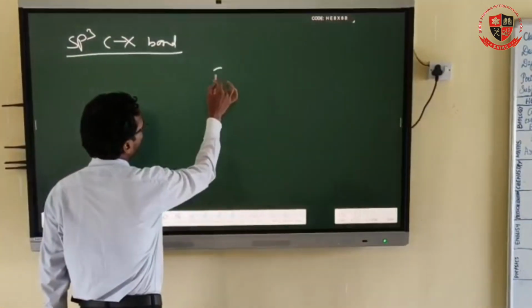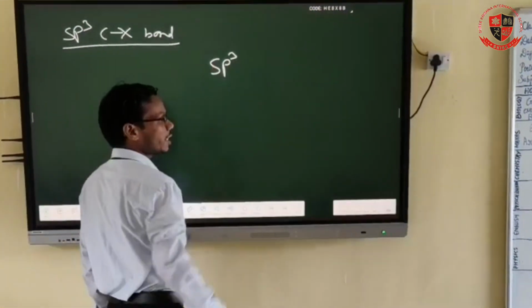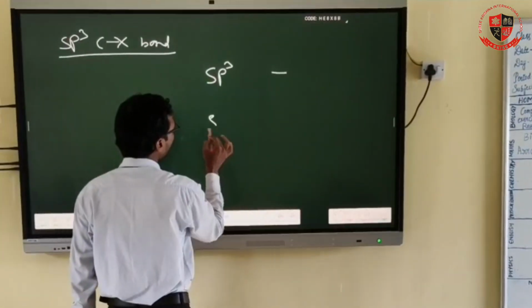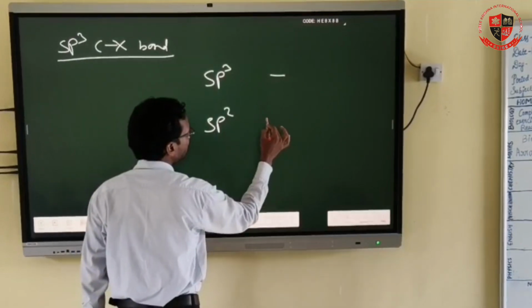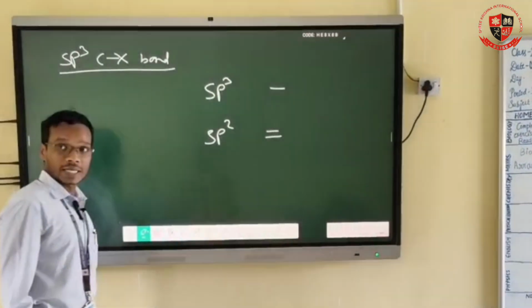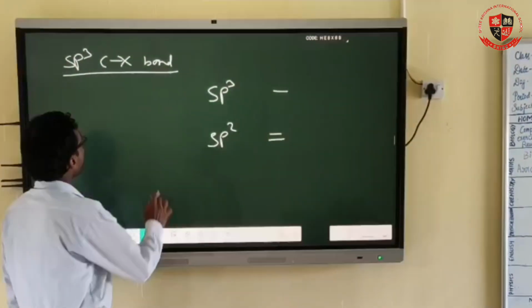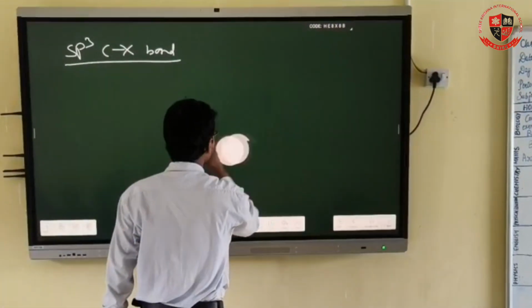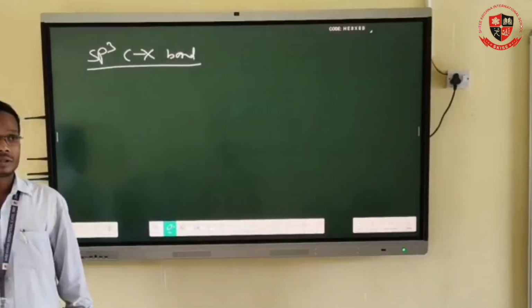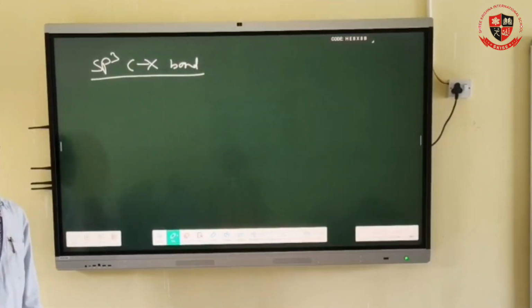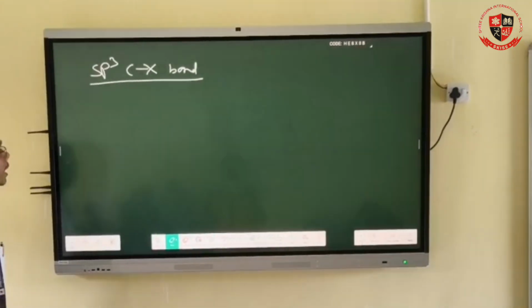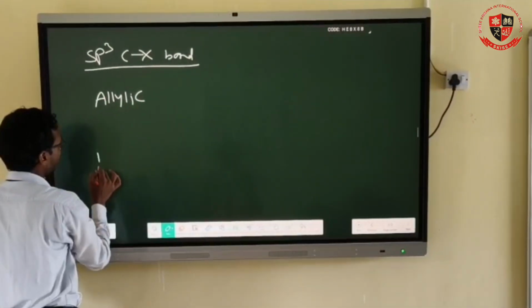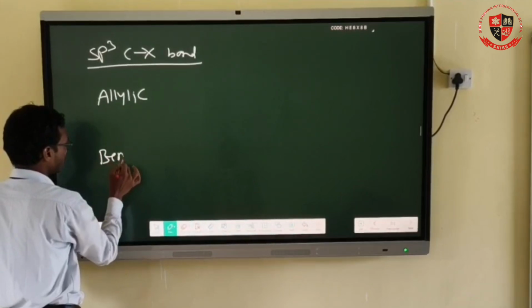When we find sp3 hybridization, there is a single bond; when there is sp2, that means it is a double bond. Based on this, we can classify sp3 hybridized compounds into two categories. One is allylic and another is benzylic.